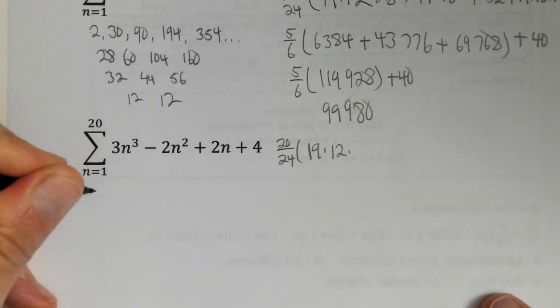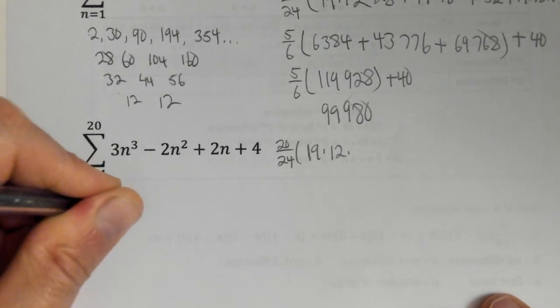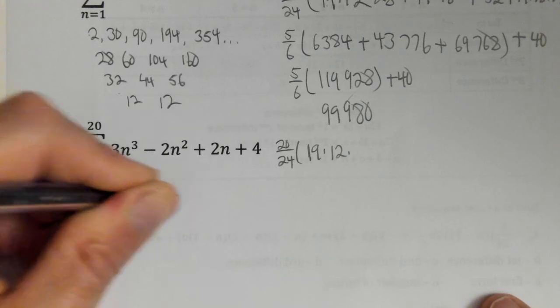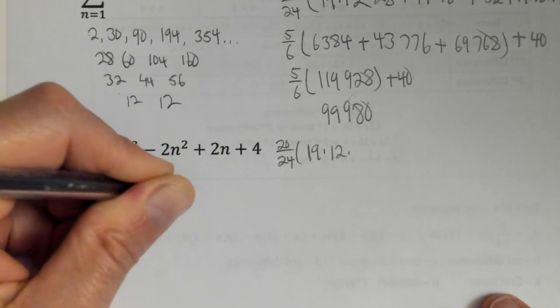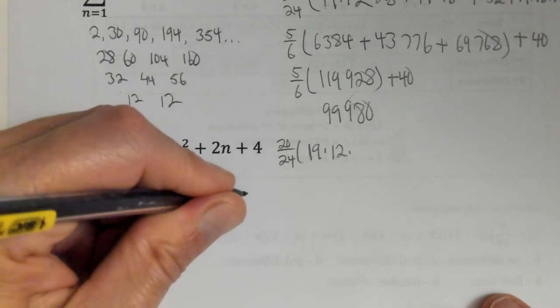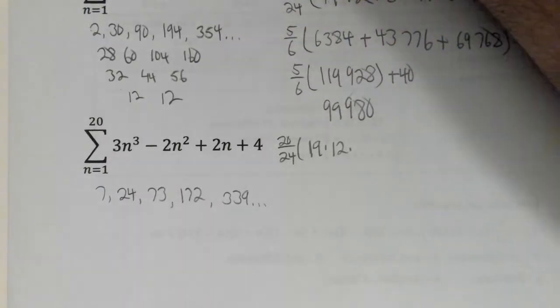So we got 7, 24, 73, 172, 339. Alright. And so we start looking at differences here.